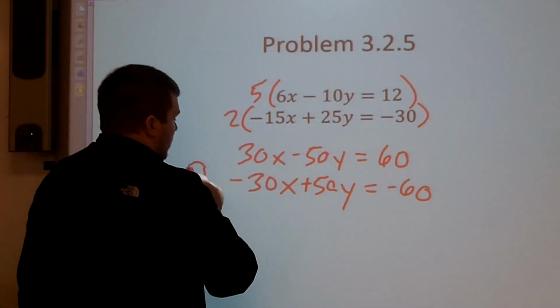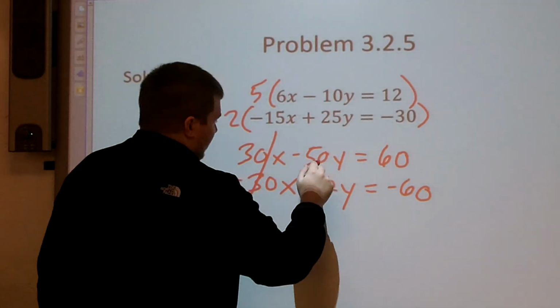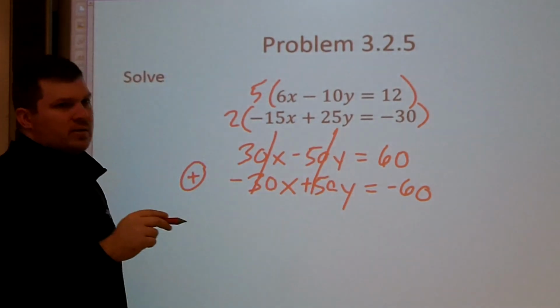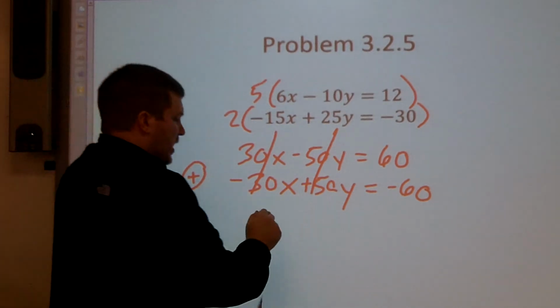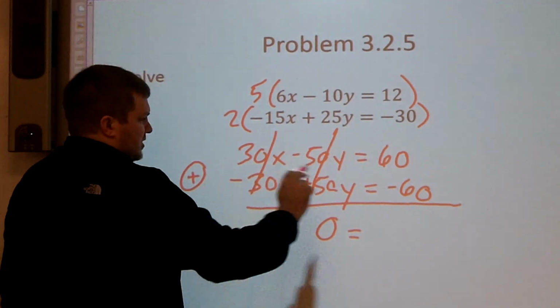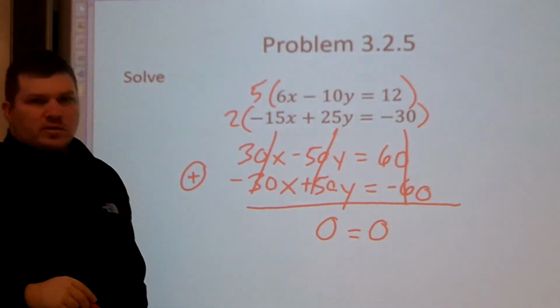So 30x plus negative 30x, well, that cancels out. And then negative 50y plus positive 50y, that cancels out. And then on the left, we're just left with 0 equals, and 60 plus negative 60 cancels out, so we're just left with 0 equals 0.